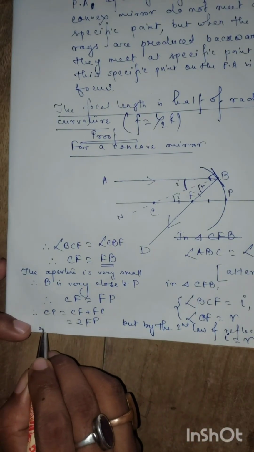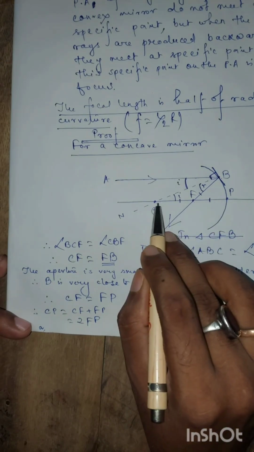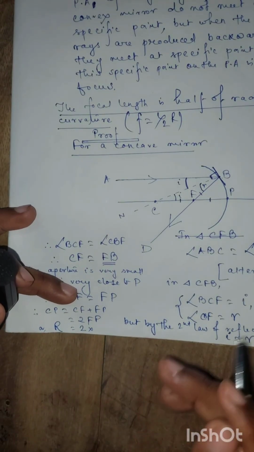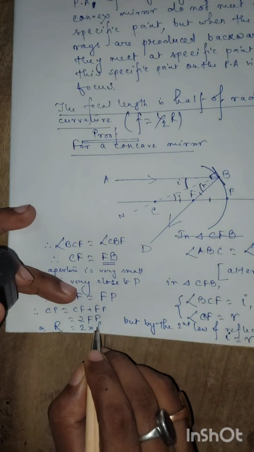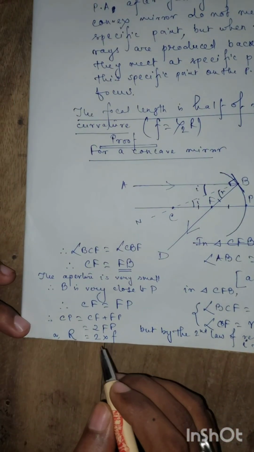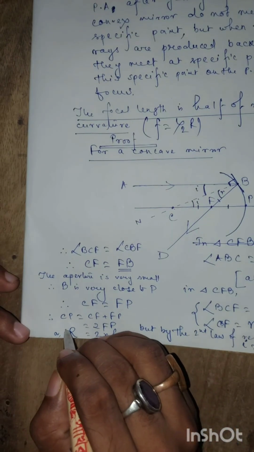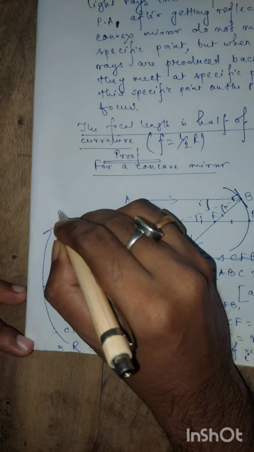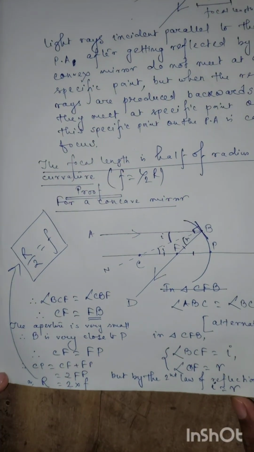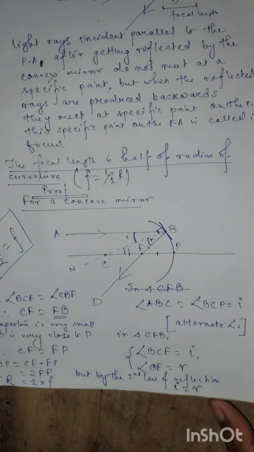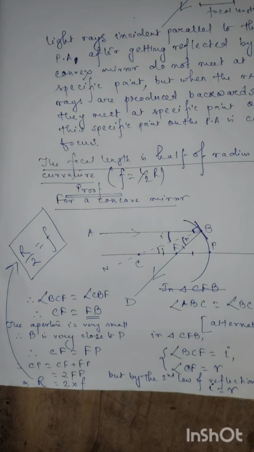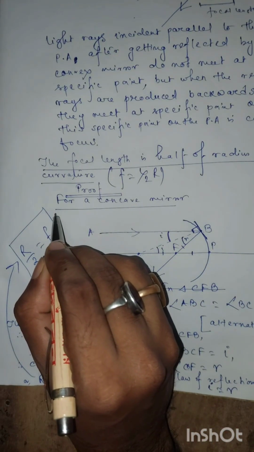In place of CP we can write the radius of curvature R, which is equal to twice the focal length F. Now if we transfer the 2 to the left side, we get R by 2 is equal to F. This is what we needed to prove. So it is proved for a concave mirror.